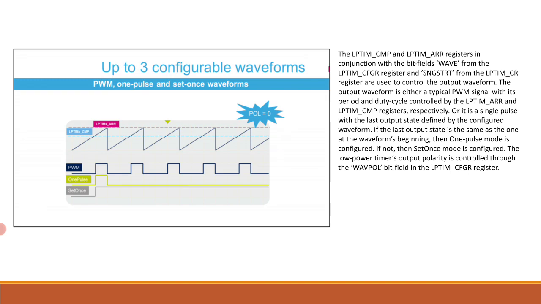The output waveform is either a typical PWM signal with its period and duty cycle controlled by the LPTIM_ARR and LPTIM_CMP registers respectively. You can see in the figure, in pink it was shown, and in blue color the LPTIM_CMP register was shown.